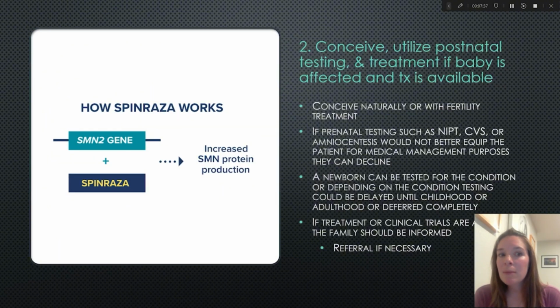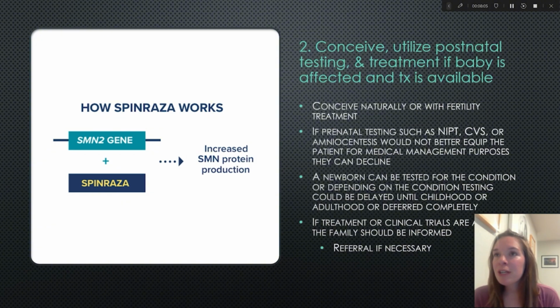And if they were curious about it and wanted to learn more, I would refer them to a genetic counselor, a geneticist, or a physician who specializes in SMA in children and who treats them, so that the couple could get more information about what treatment looks like and how it impacts quality of life and life expectancy and so forth.